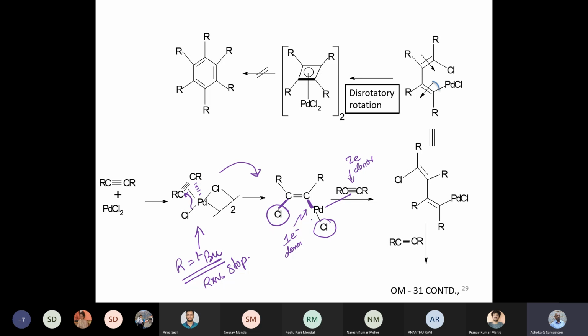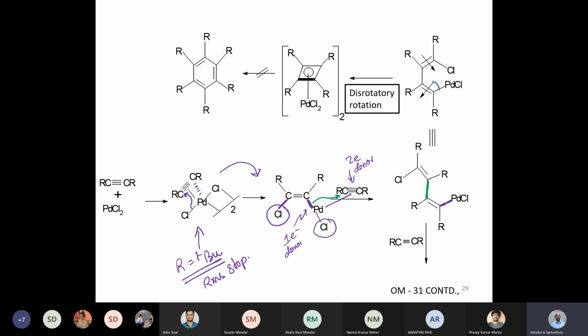So between these two groups, it looks as if the vinyl unit does a migratory insertion reaction. So let me put a different color now. So I end up with this bond, and I end up with this bond.